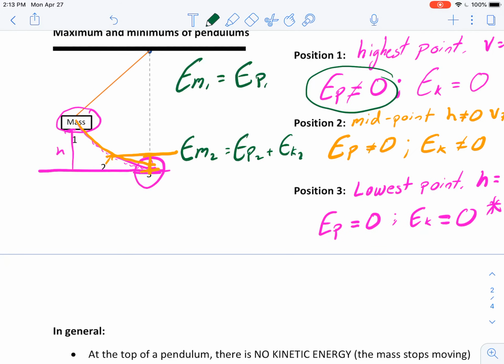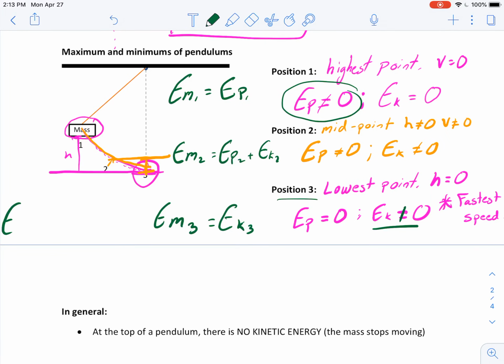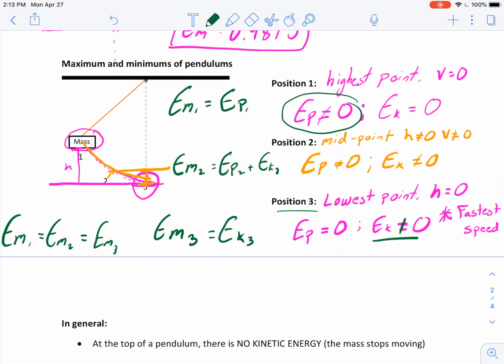And then position 3 is made up of only, oh, this should be not equal 0, only kinetic energy. But, once again, EM1 equals EM2, which equals EM3. Mechanical energy is conserved.